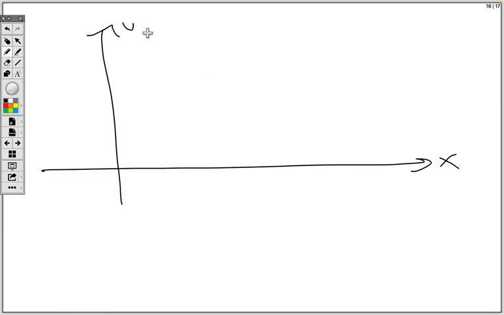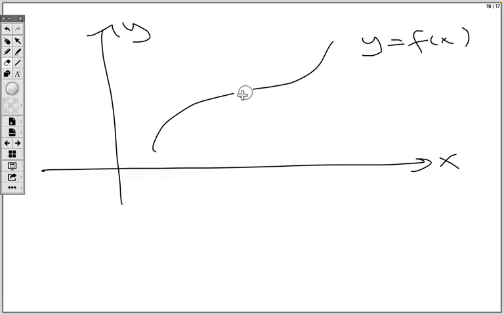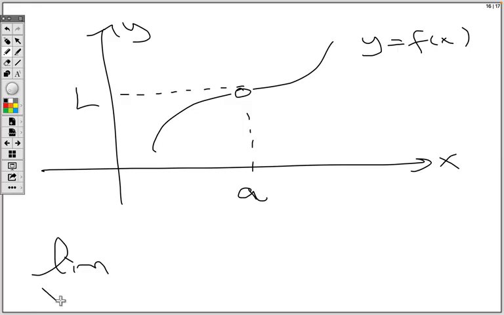So we got our function here. Here's our function y equals f of x. We're looking near the point x equals a. We're claiming that the limit is L. The x's are getting close to a.